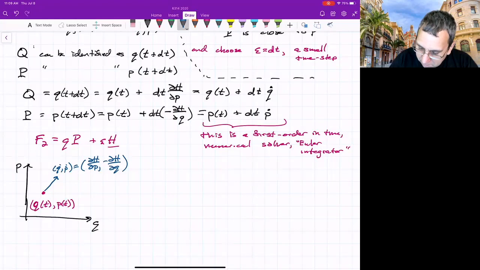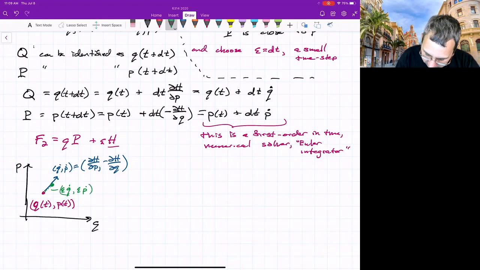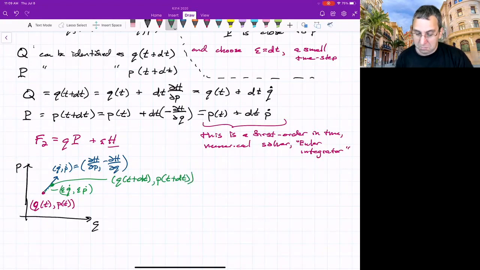And if you step forward a little bit, so you flow for just a small time, this is epsilon times q dot and epsilon p dot. You get this new point, which is q at time t plus dt, p at time t plus dt. You keep doing that.